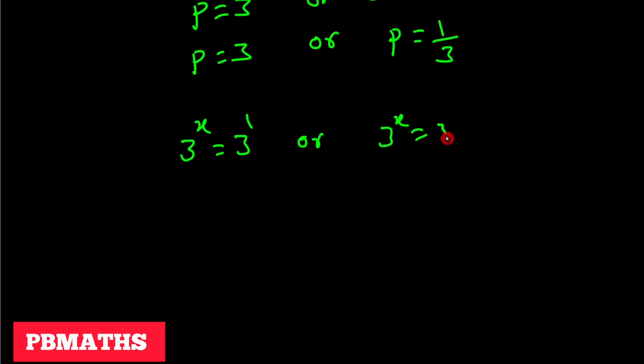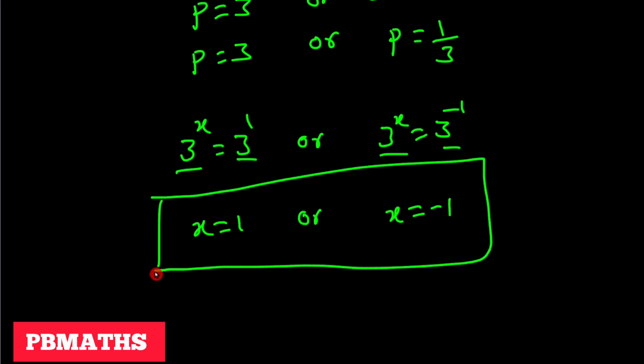This can be rewritten as 3 to the power minus 1. Since bases are the same here, we can equate the powers. By equating the powers, we can write x equals 1 or x equals minus 1. So the values of x are either 1 or minus 1.